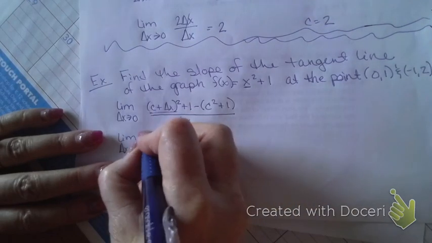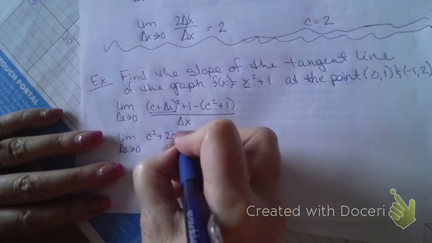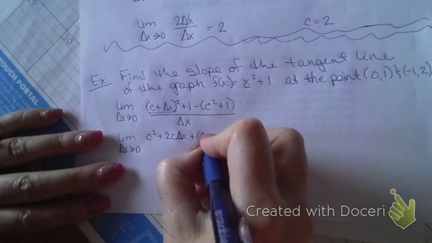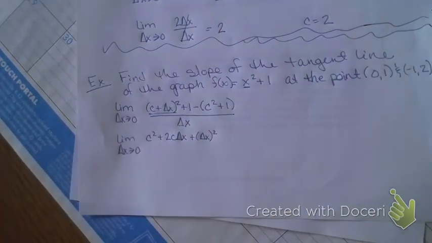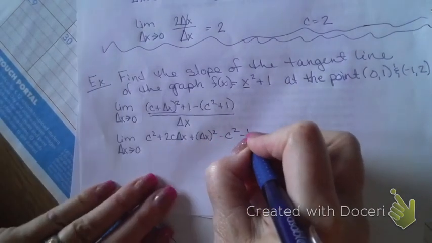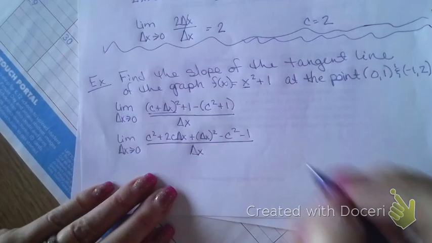So that would be c squared plus 2c change of x plus change of x squared. Why did I put the change of x in parentheses? It's not x squared, it's the change of x squared. Does that make sense? Okay, then minus c squared minus 1, all over change of x.